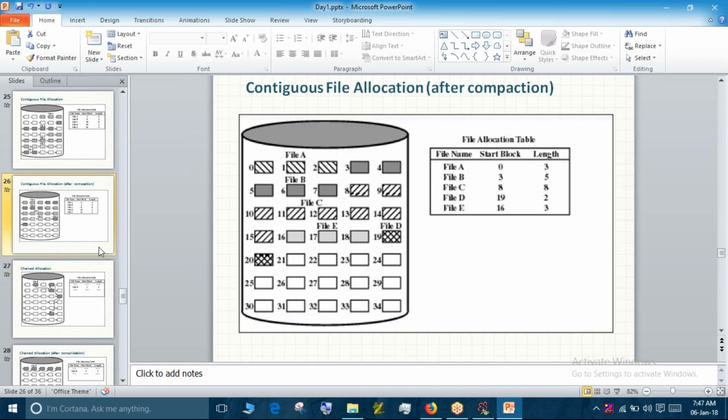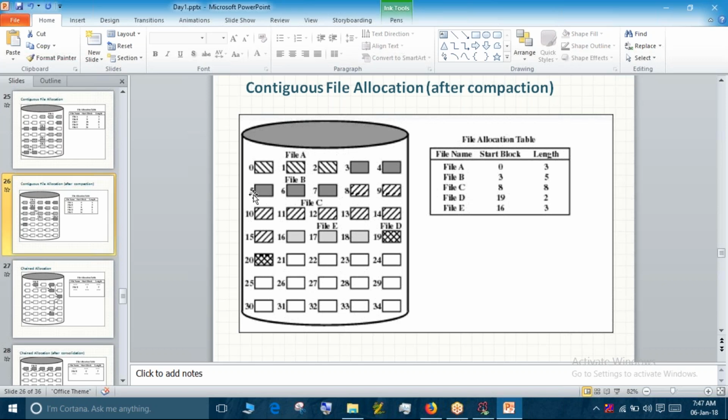But if I'm not able to modify my file, that is not called a file system at all. You should be able to modify your file. So what is going to happen?